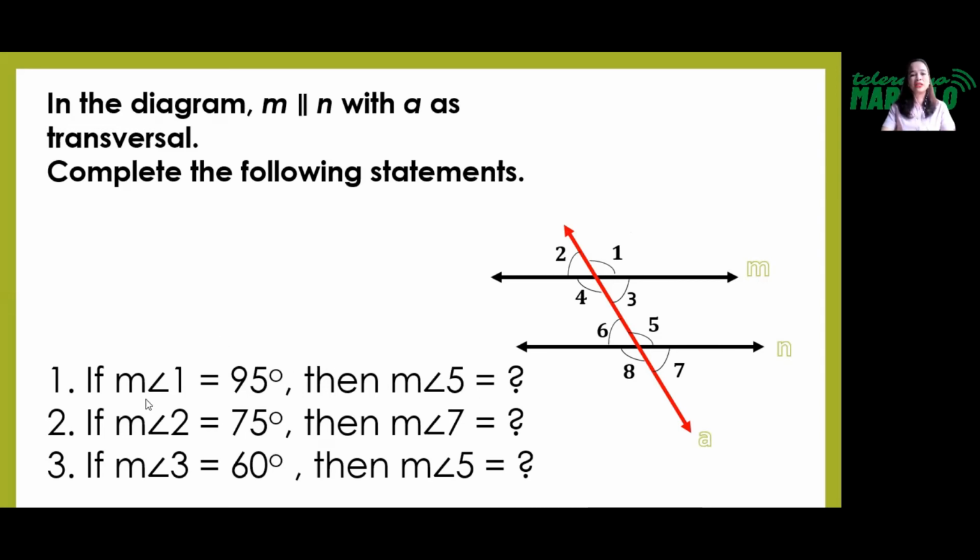So for statement number 1, if the measure of angle 1 is equal to 95 degrees, then what is the measure of angle 5? Number 2, if the measure of angle 2 is 75 degrees, then find the measure of angle 7. And for number 3, if the measure of angle 3 is 60 degrees, then find the measure of angle 5.